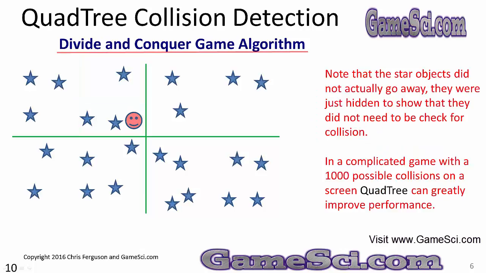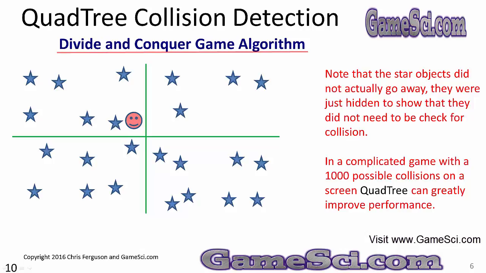So rather than check all of these star objects, I only had to check the 2 that were closest to Mr. Happy Face. Note again, the star objects did not actually go away. They were just hidden while I showed you how the algorithm works and showed you that you do not need to check for collisions for objects that are outside your quadrant.